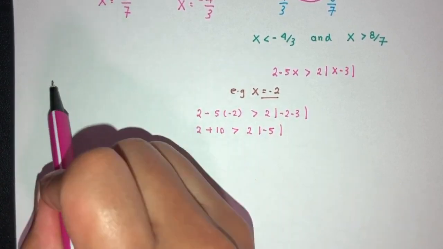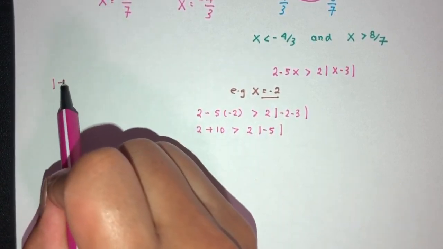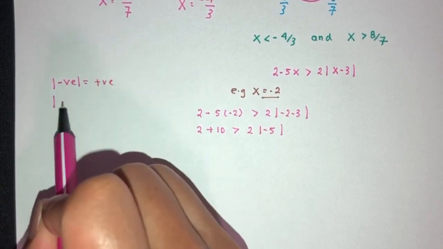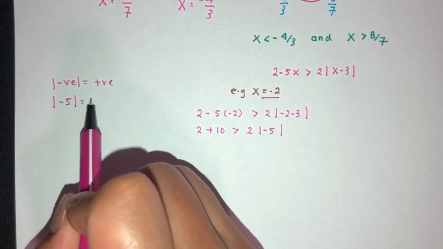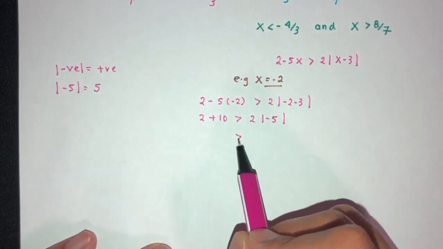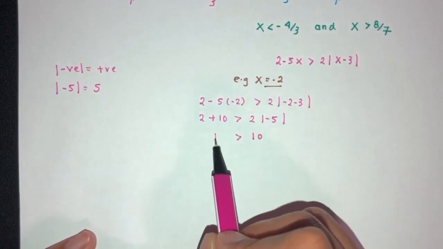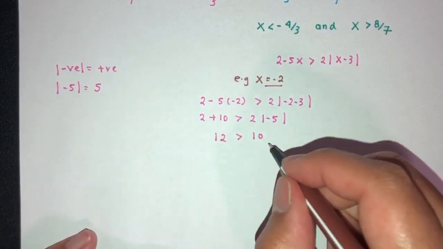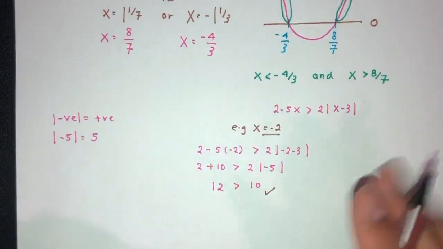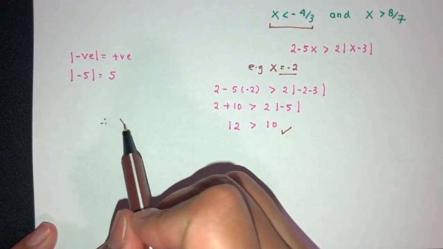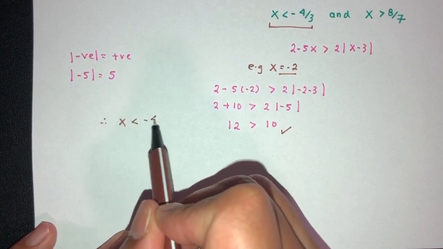Now, if you take the modulus of a negative value, it will just become positive. For example, modulus of minus 5 is simply 5. So this one will be just 5, and 2 times 5 will be the value of 10. This will be 12. So now, is 12 more than 10? Yes, it works, right? So in this case, this is good to go. We confirm that x is indeed this one.